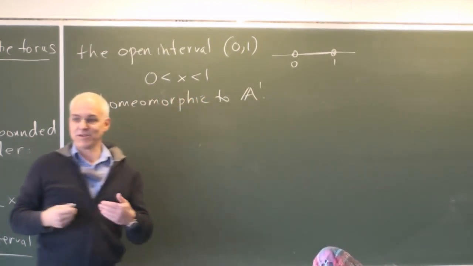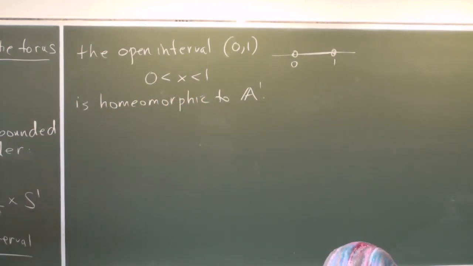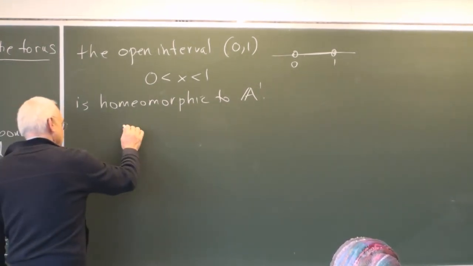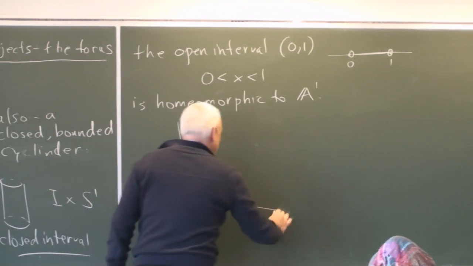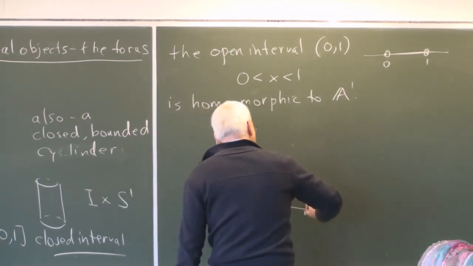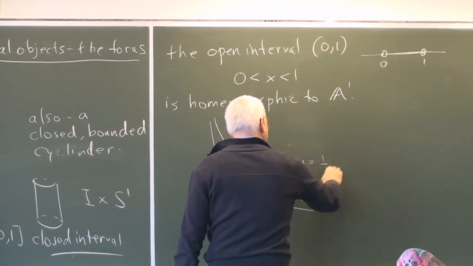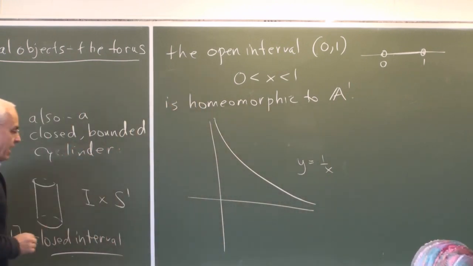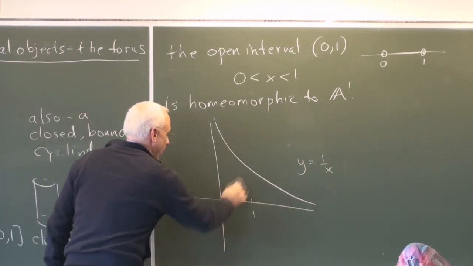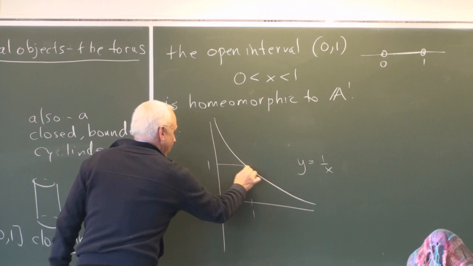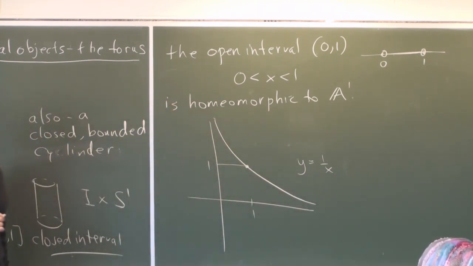It may not look like it, but topologically, an open interval is just the same as a line. And we can see that in a number of ways, but a very nice way of seeing it is to look at the function 1 over x. So there's y equals 1 over x. And when x is 1, y is also 1. So it goes to the point 1, 1.